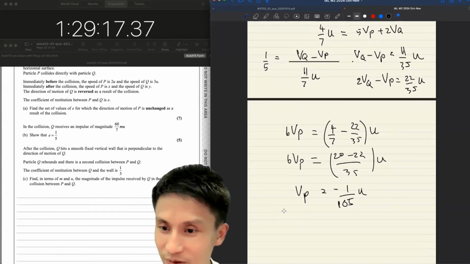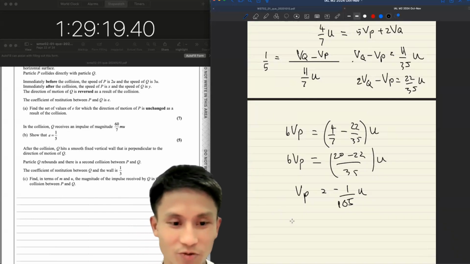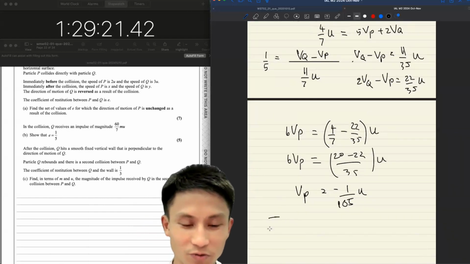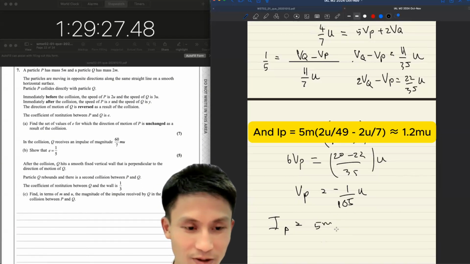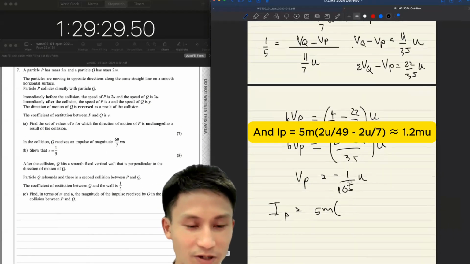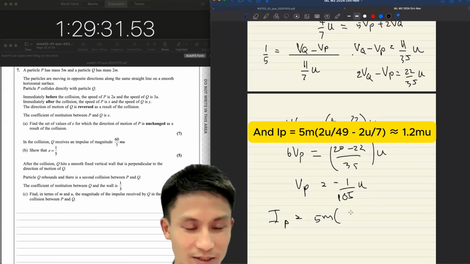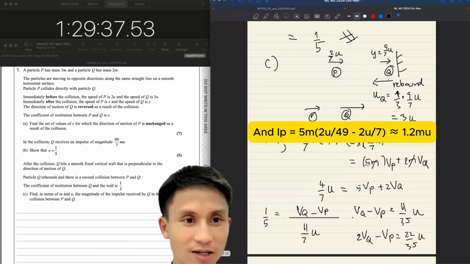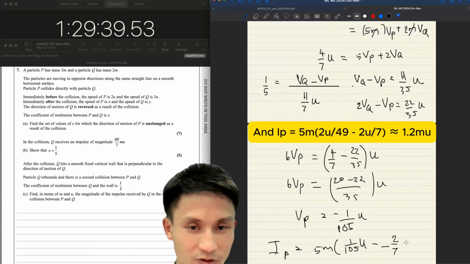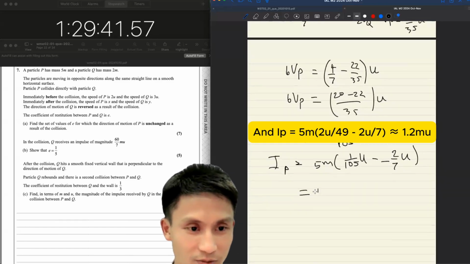So impulse received by Q will be equal to the impulse received by P. So received by P is 5M, final is to the left, so that's that minus to the right, which is 2 over 7U.